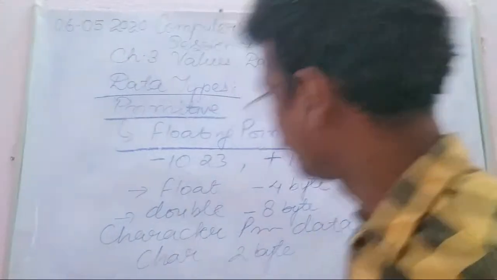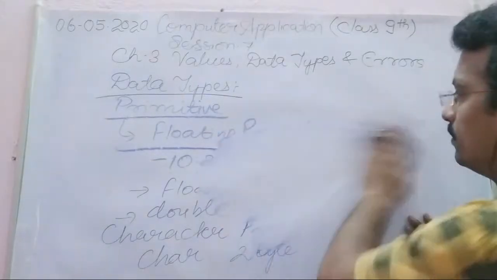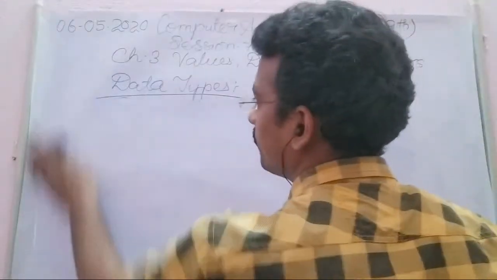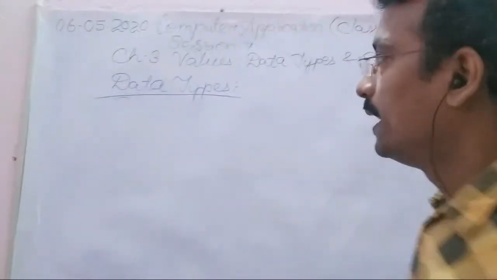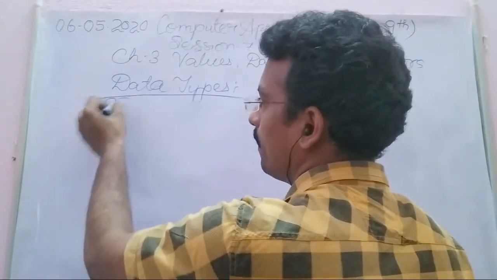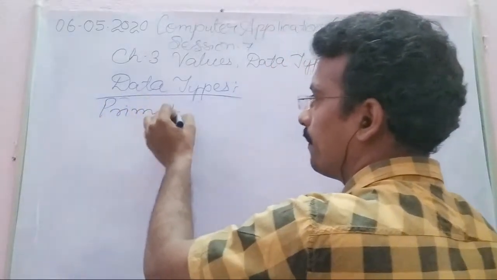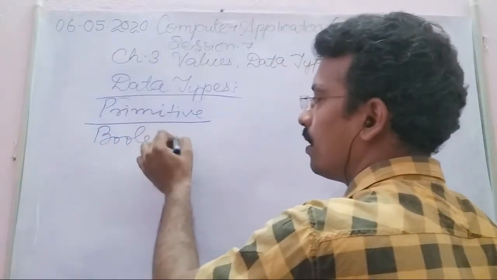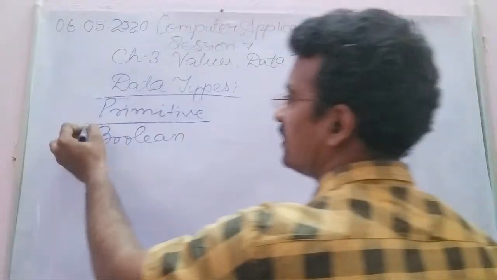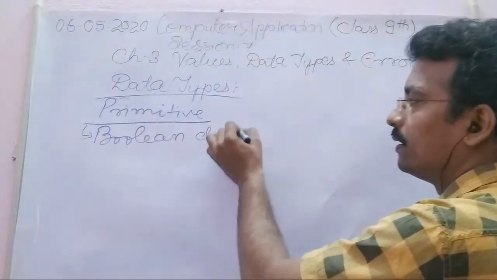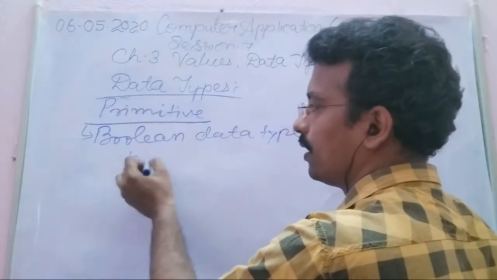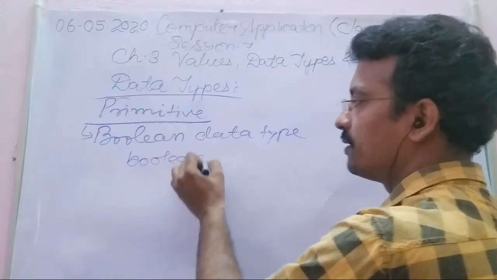Next, under the primitive category, the next data type is Boolean. Boolean is the next primitive data type that is generated with the help of the keyword boolean.